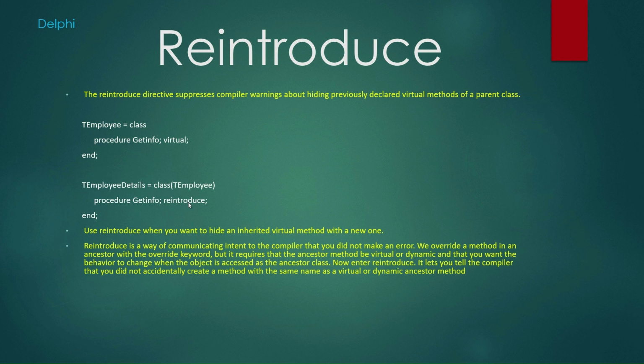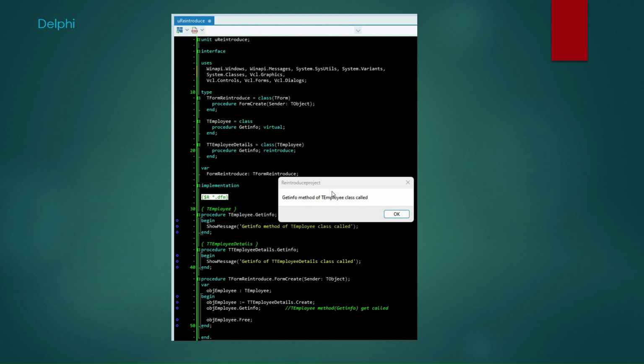Because of the reintroduce, it will suppress the compiler warning. And it lets you tell the compiler that you did not accidentally create a method with the same name as a virtual or dynamic method in the ancestor class. So this method is not accidentally created, okay, that's what it indicates. Let me show you the code, how we can write it in Delphi.